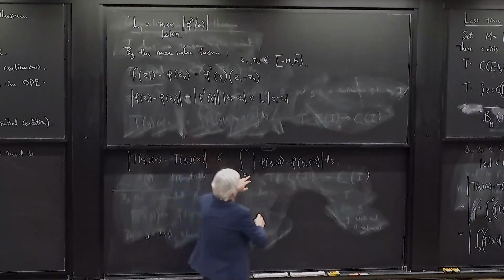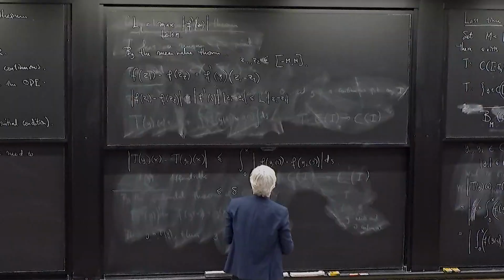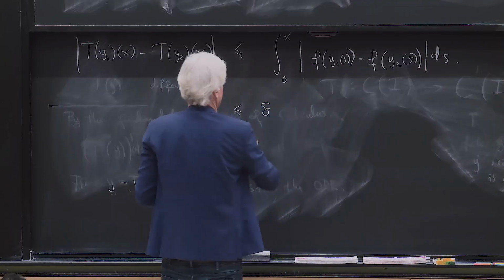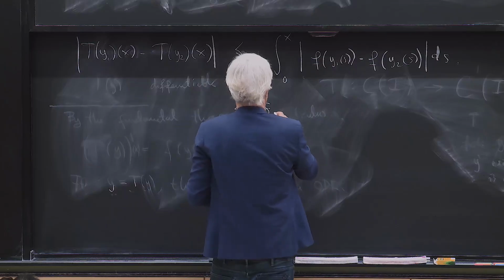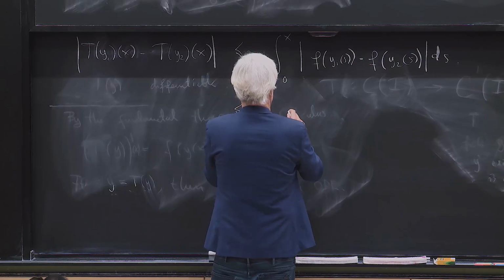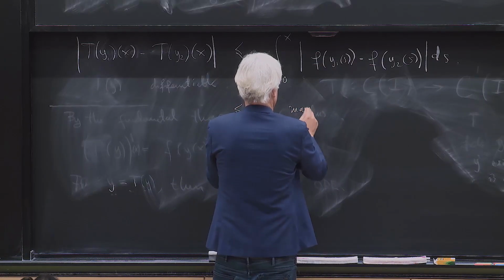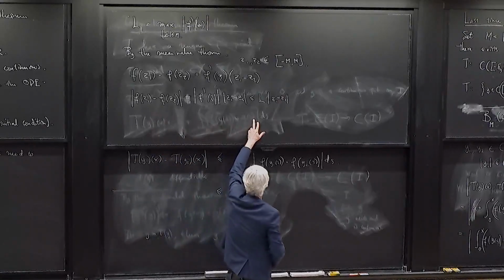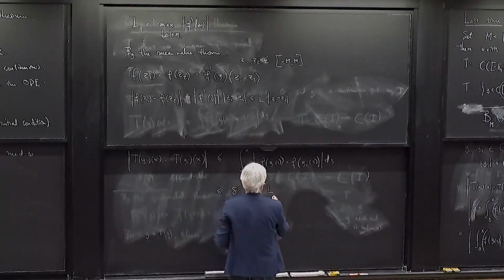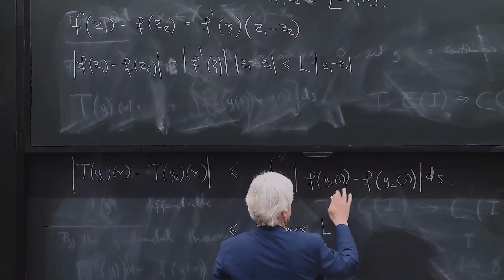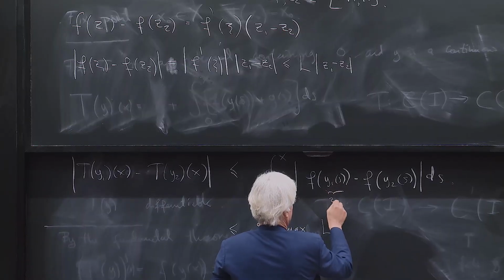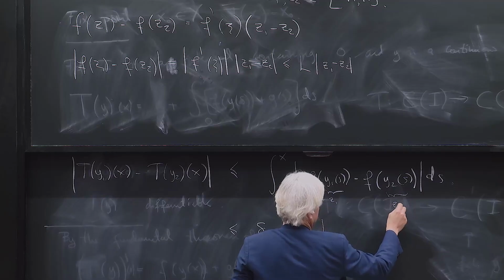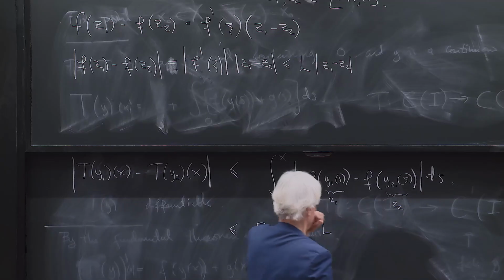You see that this thing here is bounded by L, using this inequality, where for each s you can think of these as Z1 and Z2.